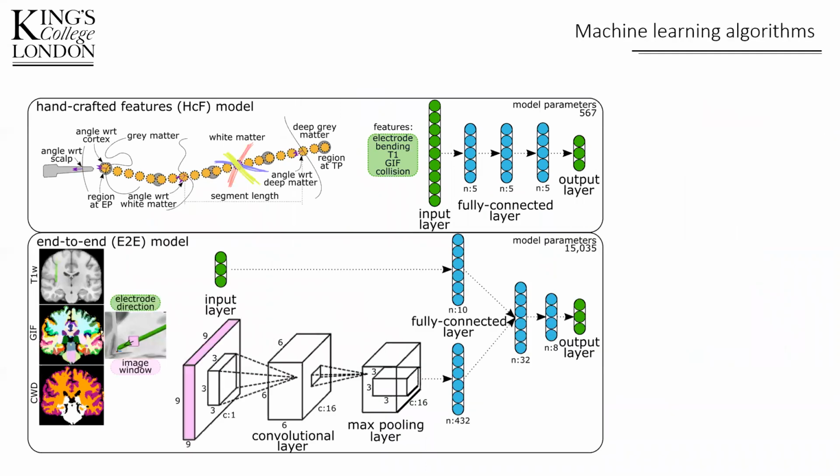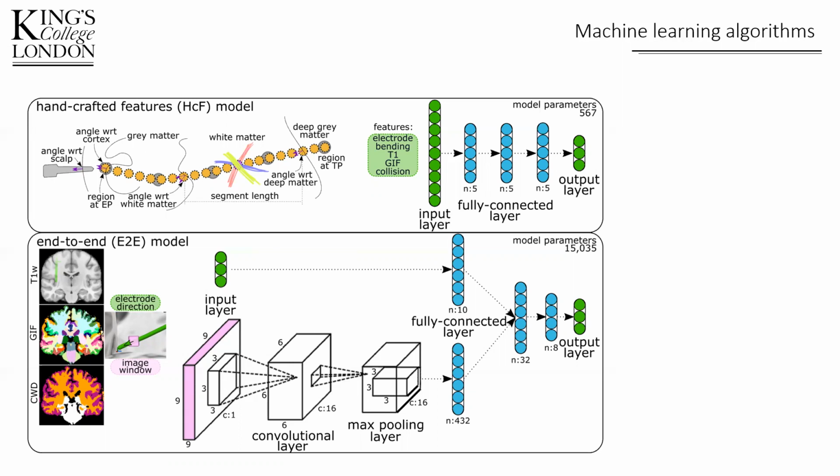Our second proposed method is an image-based approach where inputs are comprised of the electrode direction VI and an image window at interpolated points. And we study windows constructed from T1, GIF parcellation, and a simpler image containing masks referred to here as CWD, corresponding to cortex, white matter, and deep gray matter.